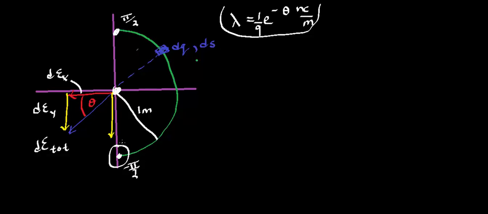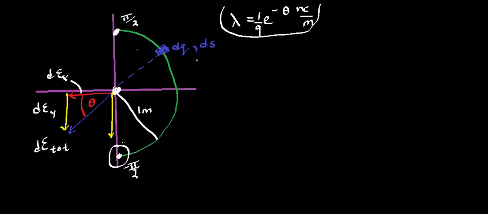So we're going to have to calculate the net electric field at the center. But here is the problem in a problem like this. In the last one we did, the charge was uniform throughout, so the y components all canceled out. It's not going to be as nice here, because the y components won't all cancel out.